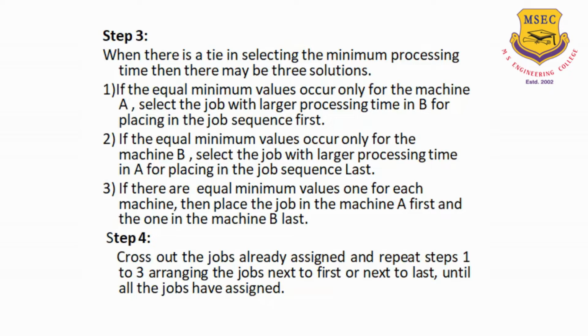If there are equal minimum values, one for each machine, then place the one in machine A first and the one in machine B last. Then cross out the jobs already assigned and repeat the steps, arranging the jobs next to first or next to last until all the jobs are assigned. Don't worry about these steps, they will be very easy and you will understand by the methodology we are going to follow.